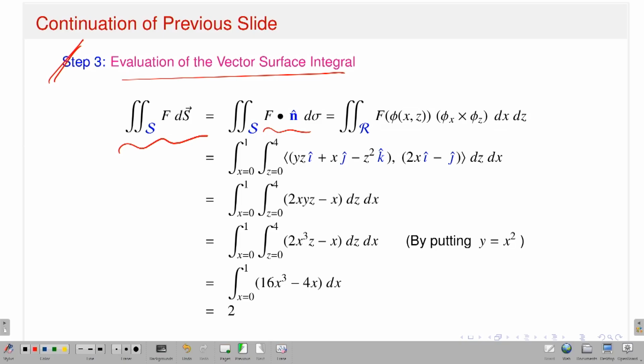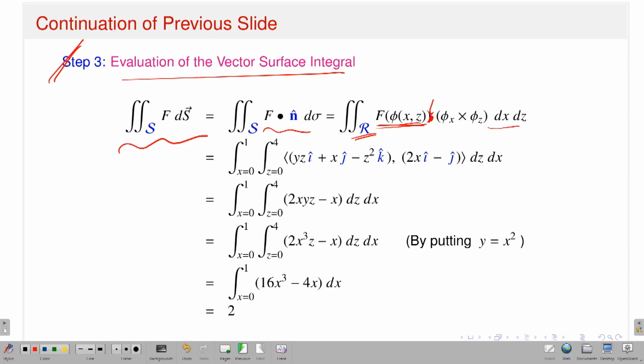Now I can make it a double integral. What is that? Integral over the region R in R2 of capital F of phi of x, z dot product, with the other vector, dx dz. That's the double integral you have to do.